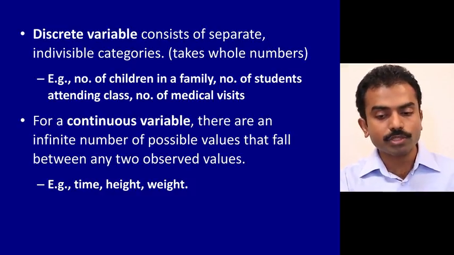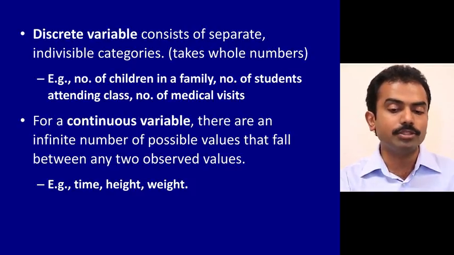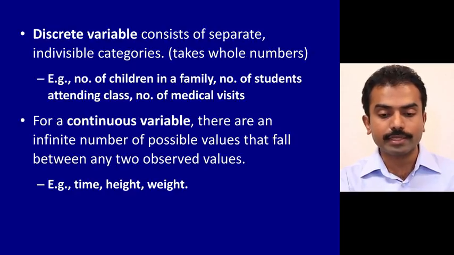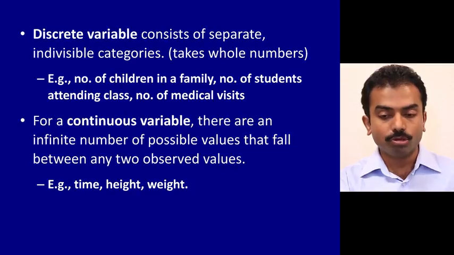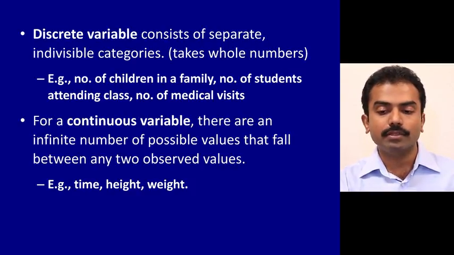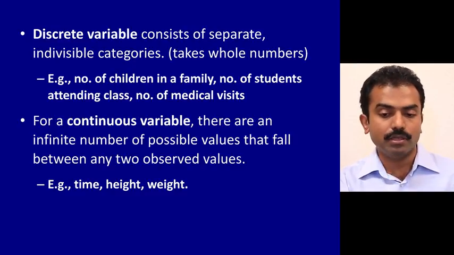Whereas in a continuous variable, there are an infinite number of possible values that fall between any two observed values. Let's take an example. Height. You can have 155 centimeters, 155.5 centimeters. You can cut further and say the person's height is 155.45 centimeters, and it still makes sense.